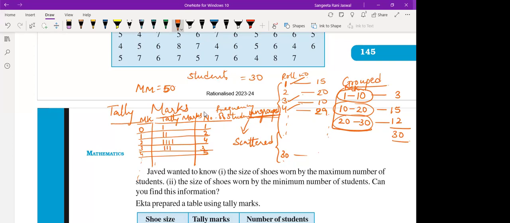How will you write 5 here? 1, 2, 3, 4, and the 5th one will be a slant line. We have to cut the 4 tally marks. So you have to make a slant line over these 4 standing sticks. Got it?